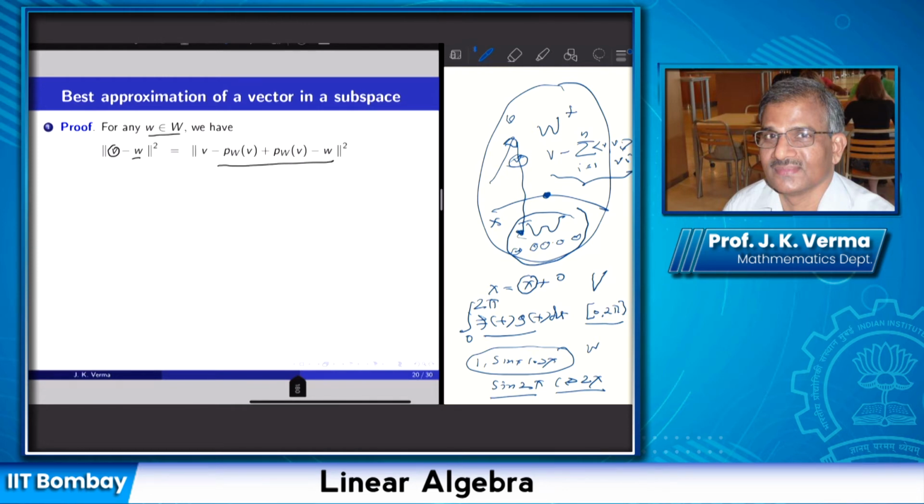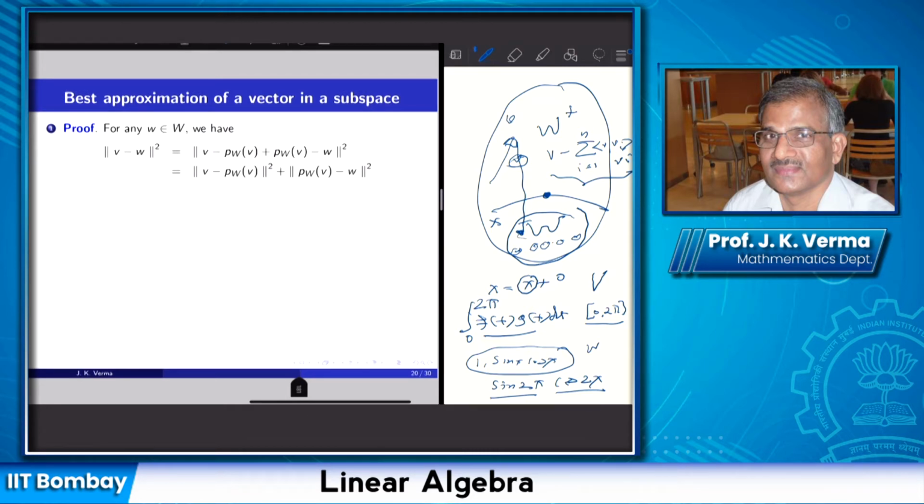So I just add and subtract the projection of v inside W. This vector P_W v minus w is a vector in W, because both P_W v and w are in W. And I have proved before that if I subtract the projection of v in W from v, this is perpendicular to every vector in W. So these two vectors are perpendicular to each other. I can apply the Pythagoras theorem and say that the square of the norm of the sum of these two vectors is the sum of the squares of the norms of each of these vectors. So this is by the Pythagoras theorem.